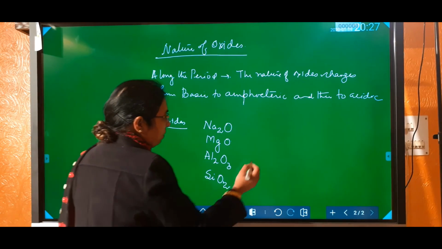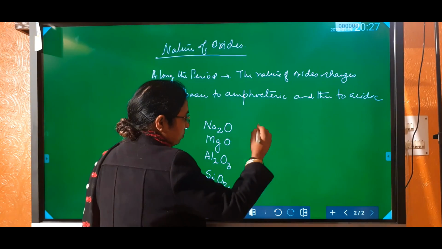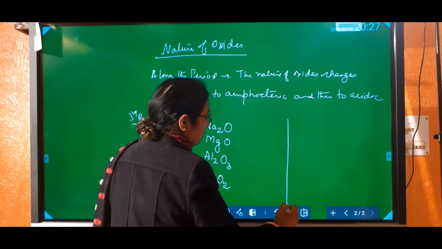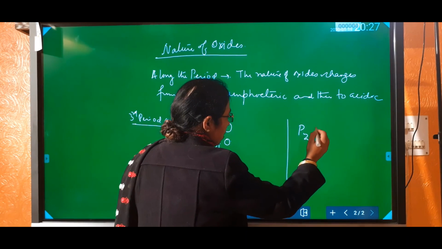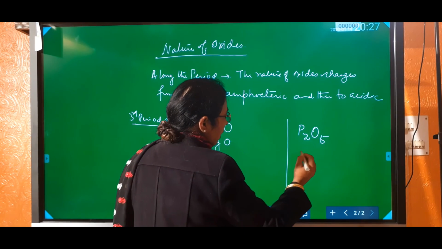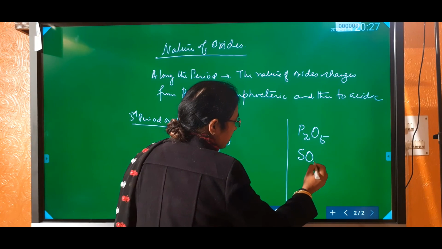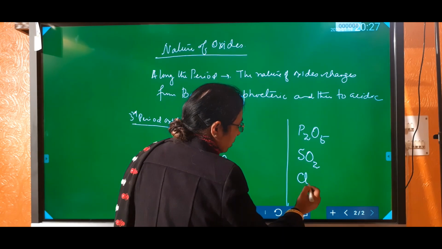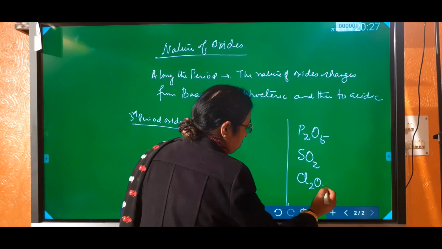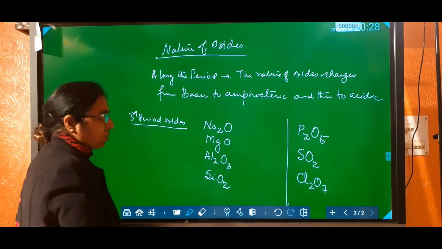Then below nitrogen we have phosphorus, that is P2O5, and below oxygen we have sulfur, that is SO2, and then below fluorine we have chlorine, that is Cl2O7.